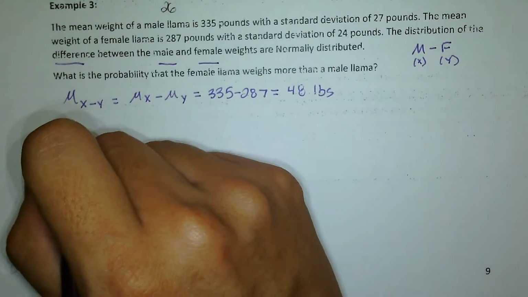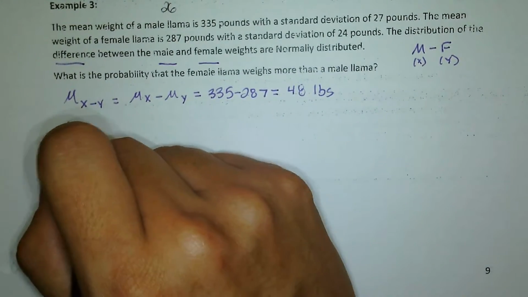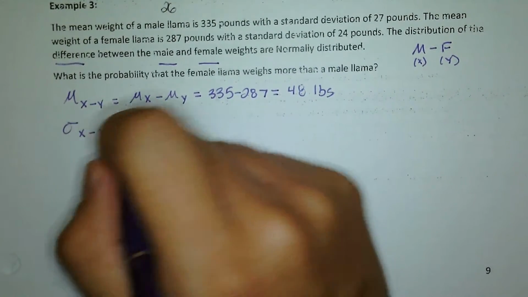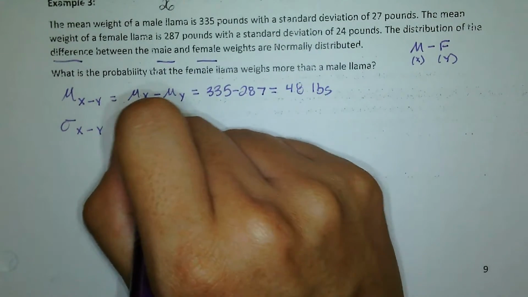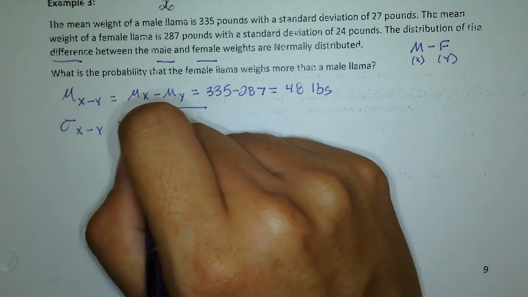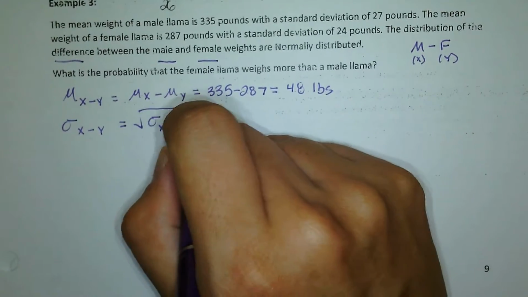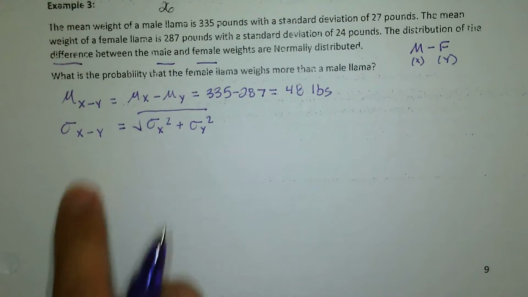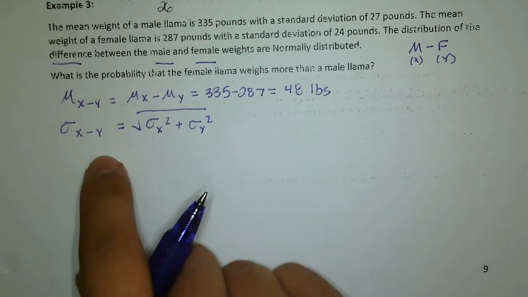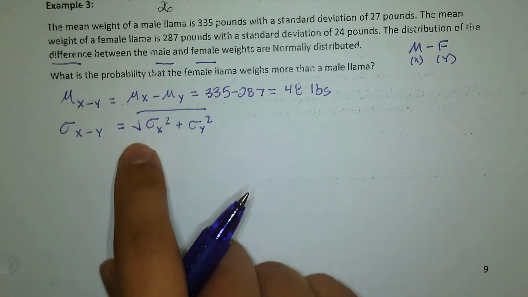And then if we look here at the standard deviation of the difference, remember we never subtract their standard deviations, but since we're looking for the distance here, we're going to combine the variances. So we can add the variances. We cannot just add standard deviations, because the standard deviation measures the distance between observations and the mean.